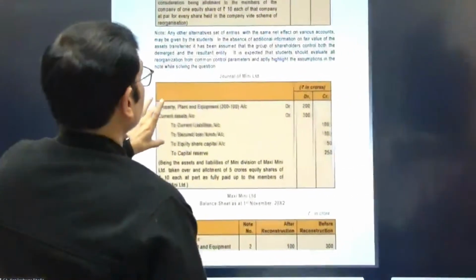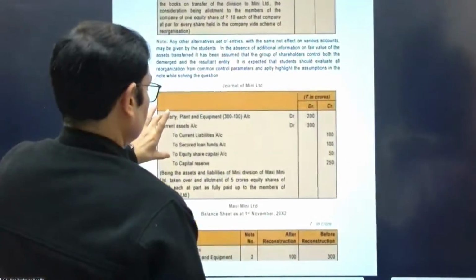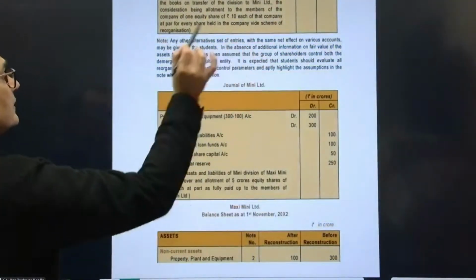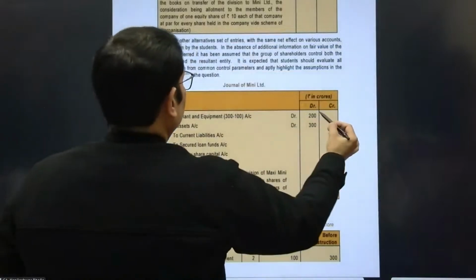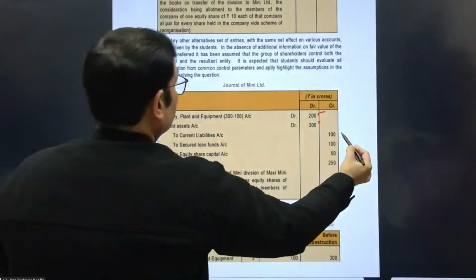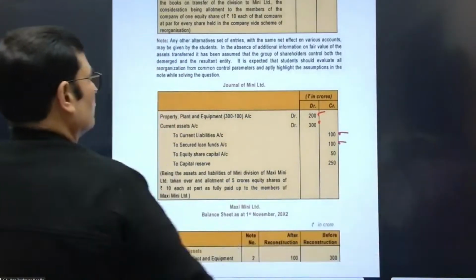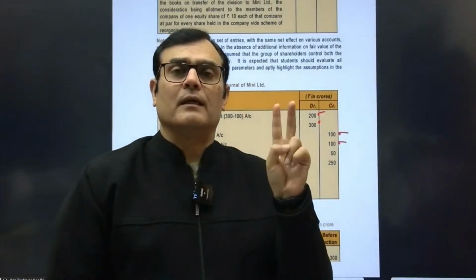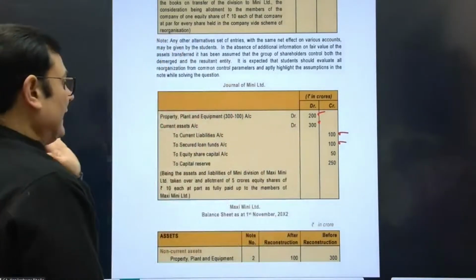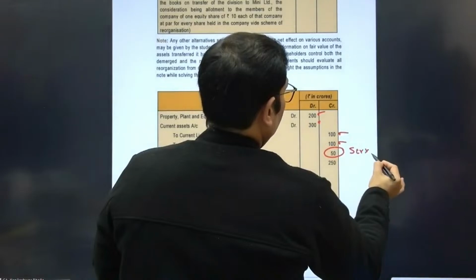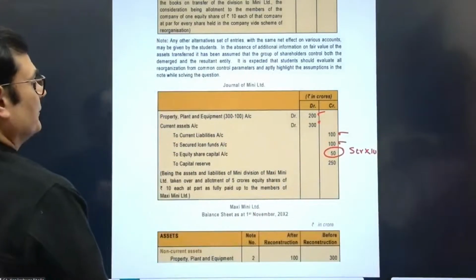As far as the entries in the books of Mini are concerned, we have incorporated the PPE and the current assets at book value, and the current liabilities and loans at book value. That's it. So assets at book value are debited, liabilities at book value are credited, and the purchase consideration is given: 5 crore shares of 10 rupees is the PC face value.